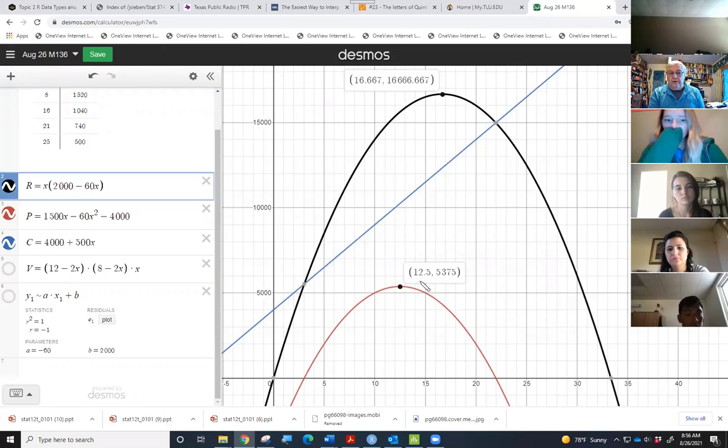I could produce fewer, 12,500, and the reduction in cost would make that more profitable than maximizing the revenue. So I will maximize my profit. And after all, that's what I'm after, not just revenue. I maximize my profit at 12,500 units. And that's what that series of 3 problems out of our textbook wanted us to start thinking about.